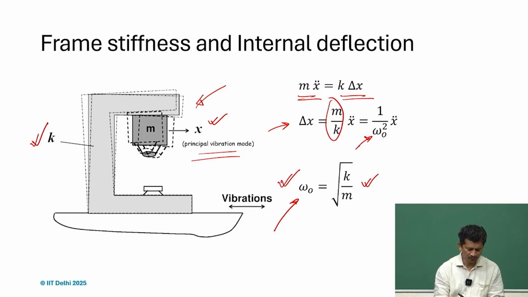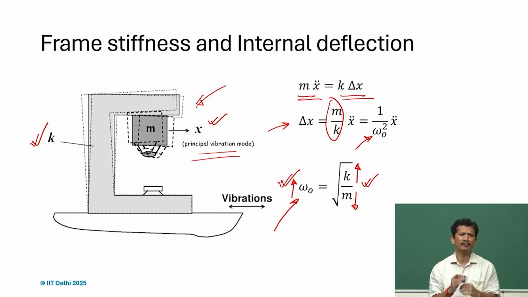So, if we want to increase this value, because k is at the top, we want to have higher stiffness. What we also realize is that m is equally important, so the moving mass, the suspended mass, has to be lower and lower.